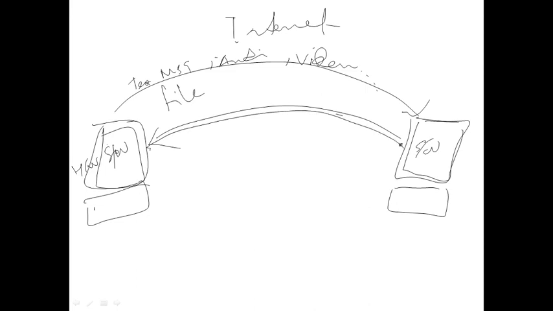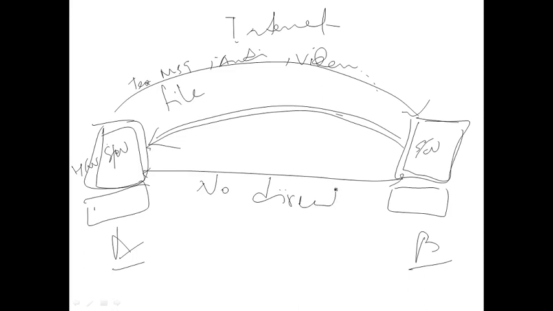They are far away from each other. A is far away from B. One is at Agartala, another is at Delhi. So how do they communicate? There is no direct wire between these two machines.